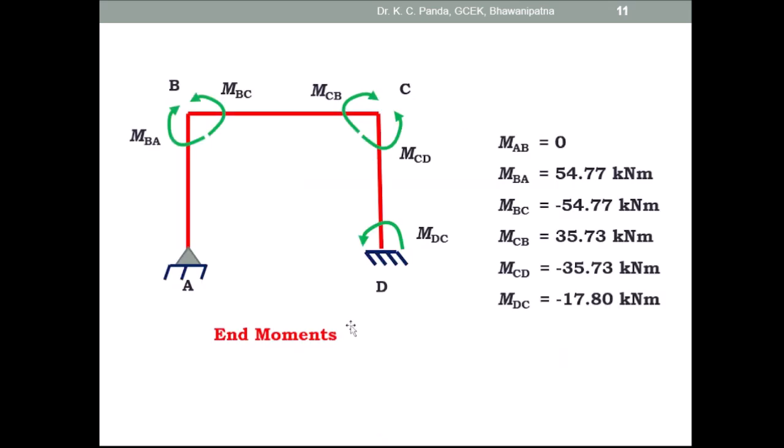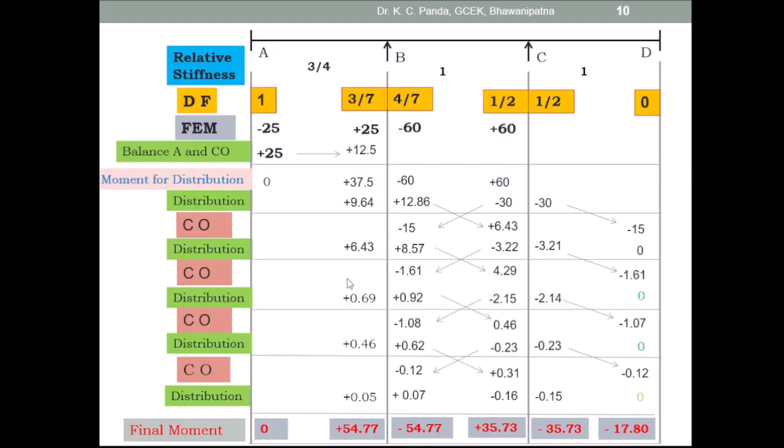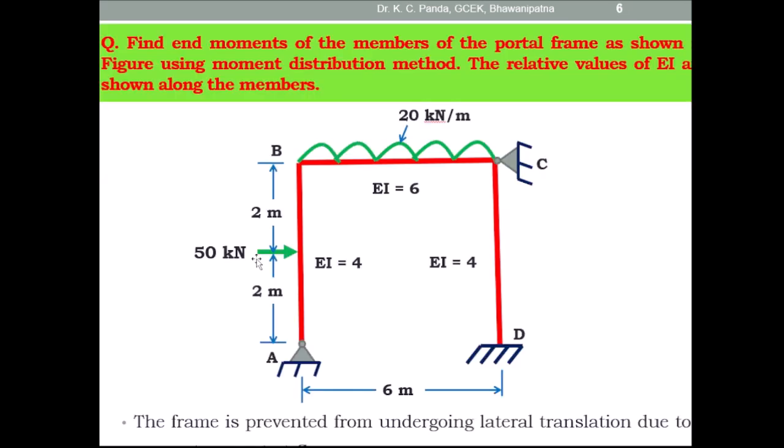Then you know what load is present on the frame. The load present is 50 kilonewton at the midpoint. So the free bending moment, or positive bending moment diagram, is triangular, that is WL by 4. W is given as 50 and L is equal to 4, so 50 into 4 by 4 is equal to 50 kilonewton meter.